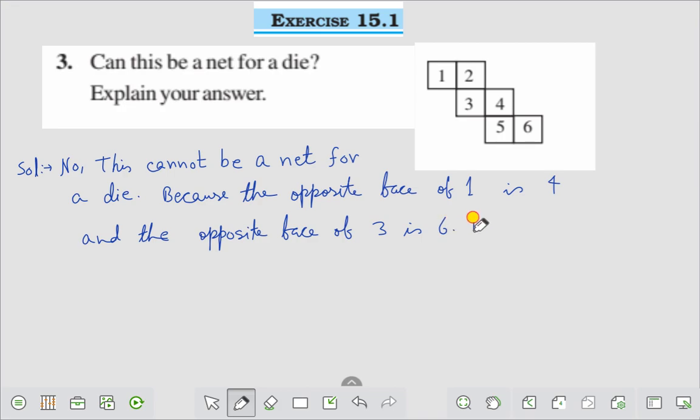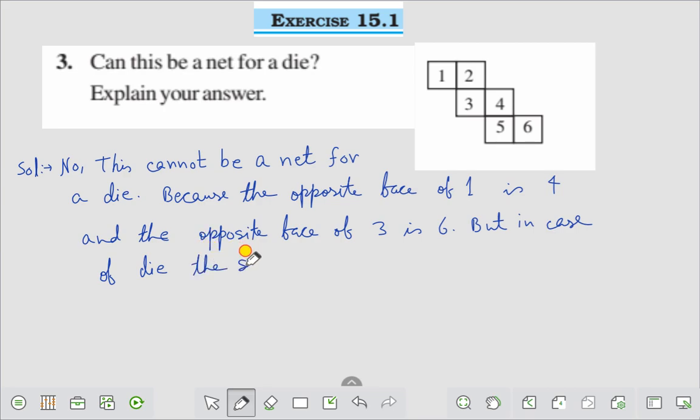But in case of a die, the sum of opposite faces should always be 7.